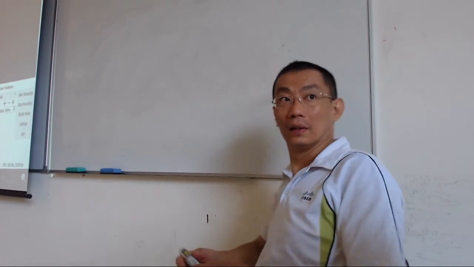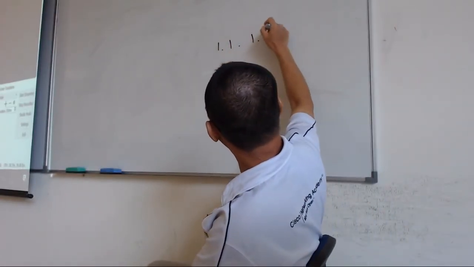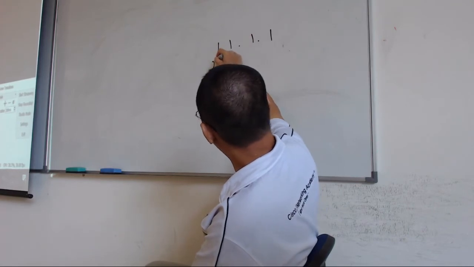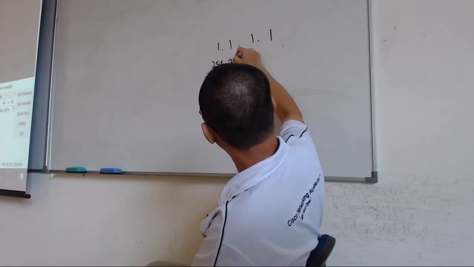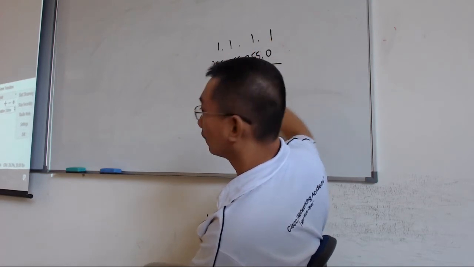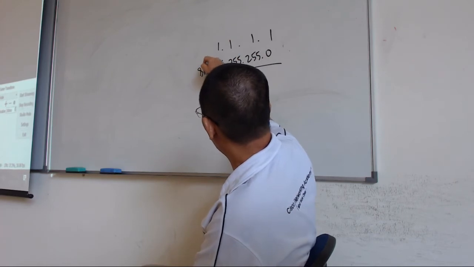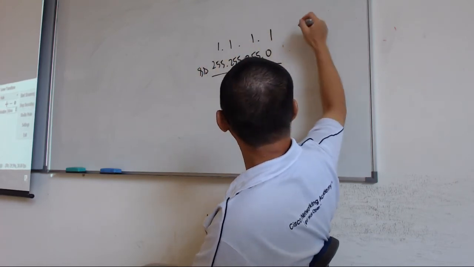You have 1.1.1.1, and this is your netmask. You take the IP address and AND it with the netmask.